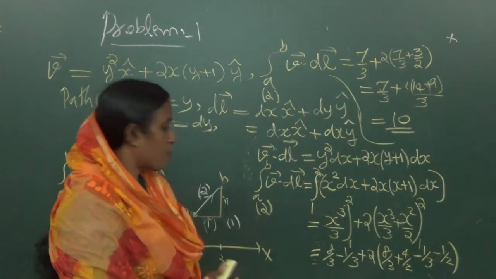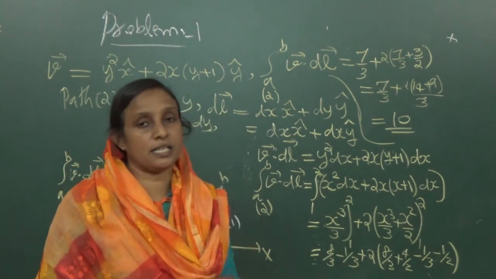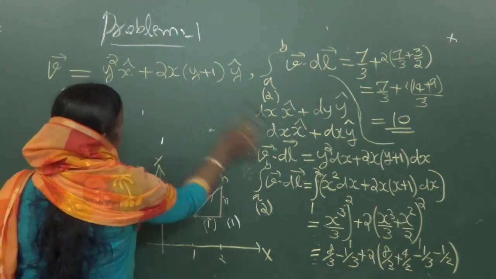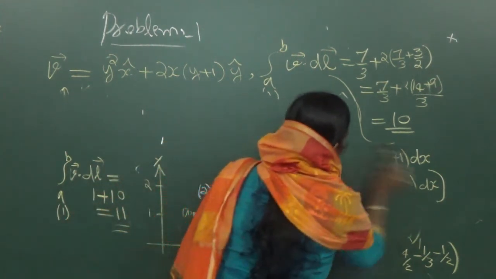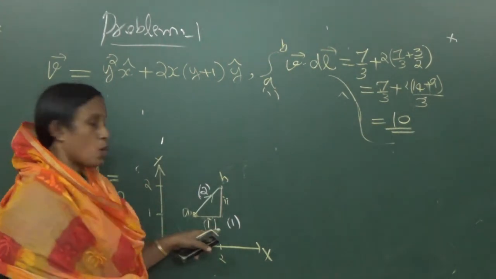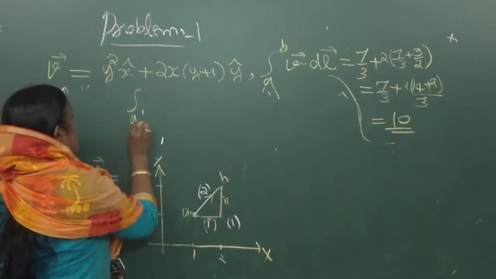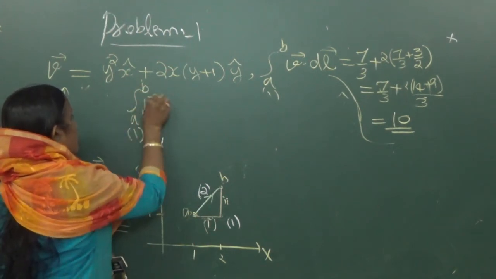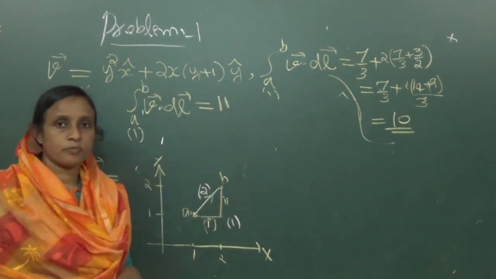Now our problem is not finished. We have to find the closed integral. So I can write the two results together here. The integral from A to B along path 1 of v dot dl gives us 11.